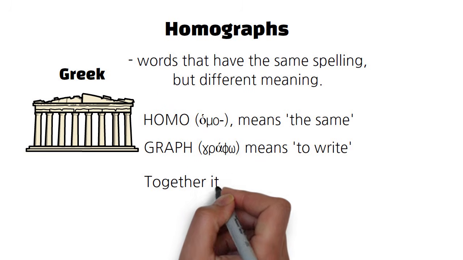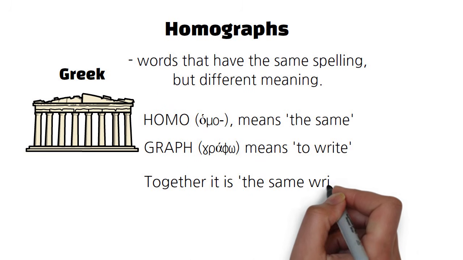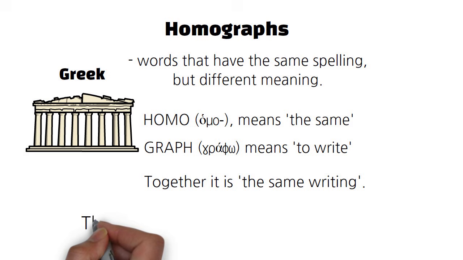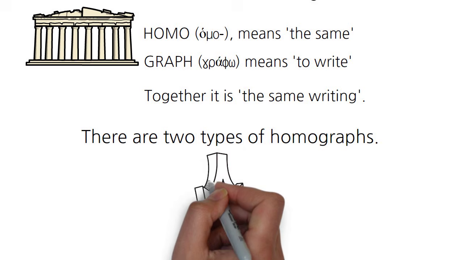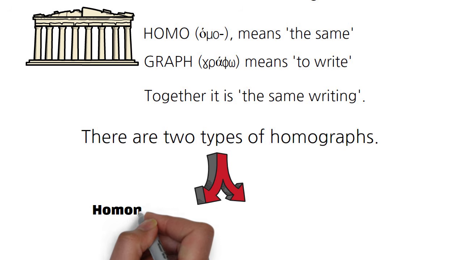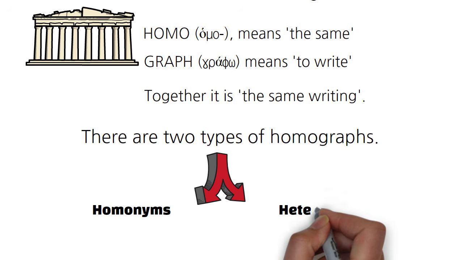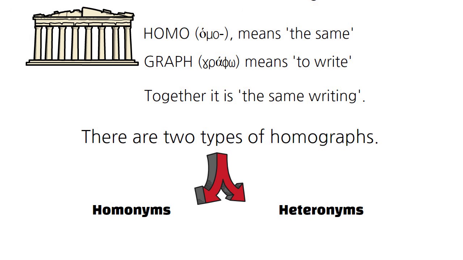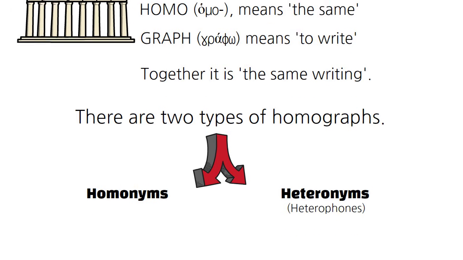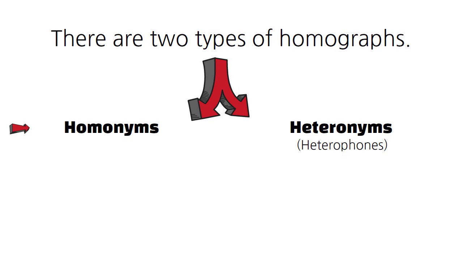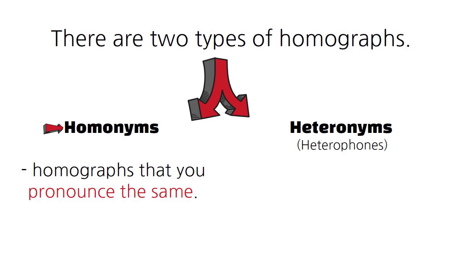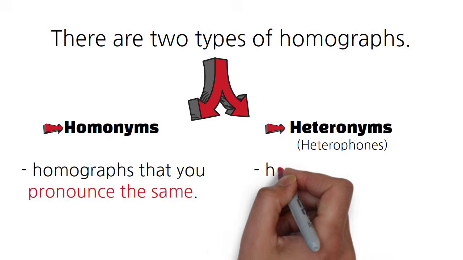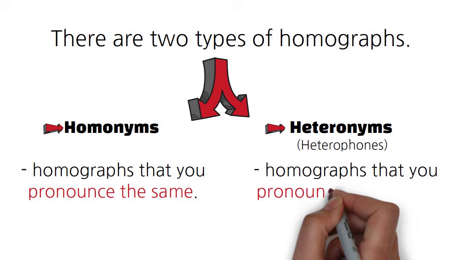So together it is the same writing. There are 2 types of homographs. They are called homonyms and heteronyms, sometimes also called heterophones. The difference is that homonyms are homographs that you pronounce the same, and heteronyms are the homographs that you pronounce differently.